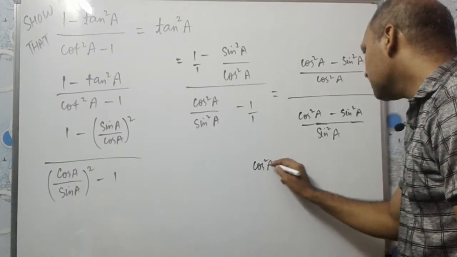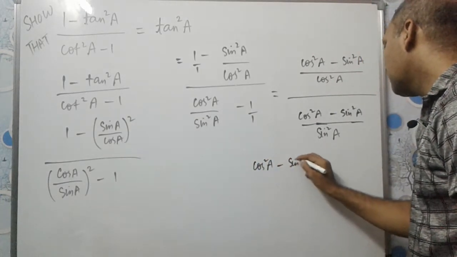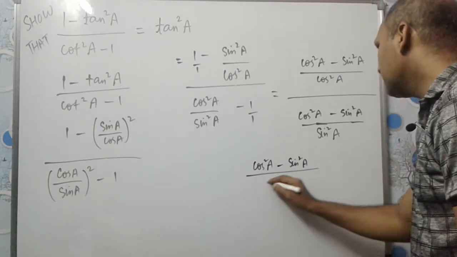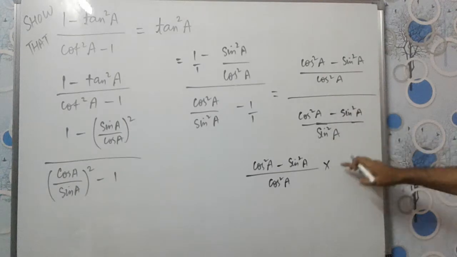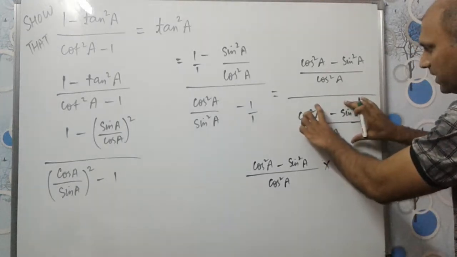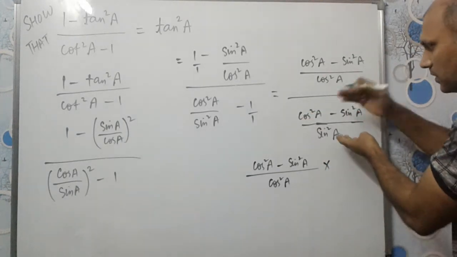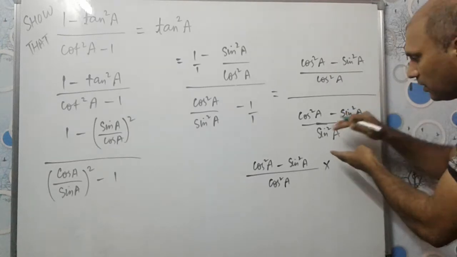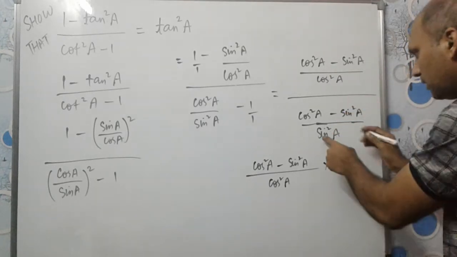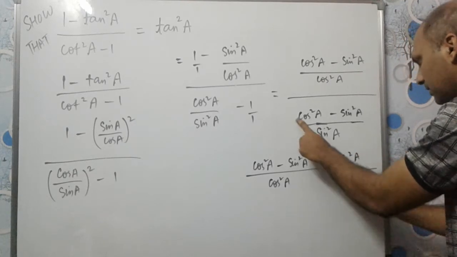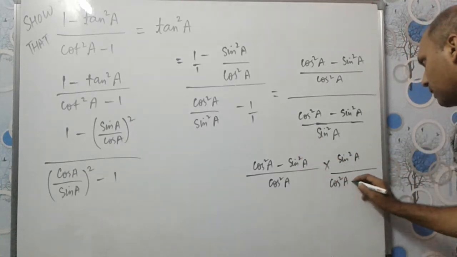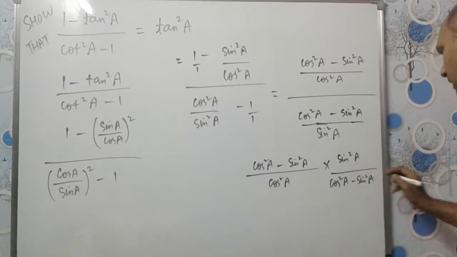Let us go ahead and write one more step. This is division of division. If we have division of division, this big division will become multiplication, and this denominator will become its reciprocal. Reciprocal means numerator will change to denominator, denominator will change to numerator. So this will be sin square A divided by cos square A minus sin square A. I hope you understood this.